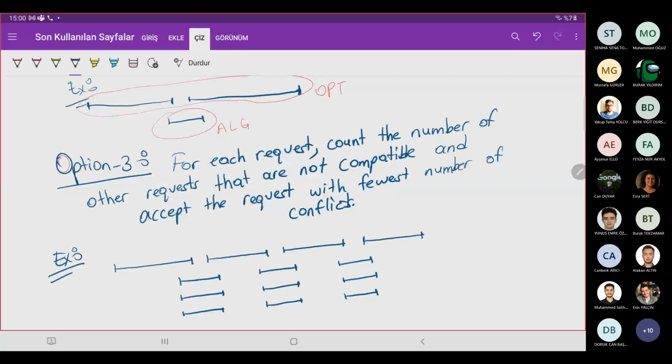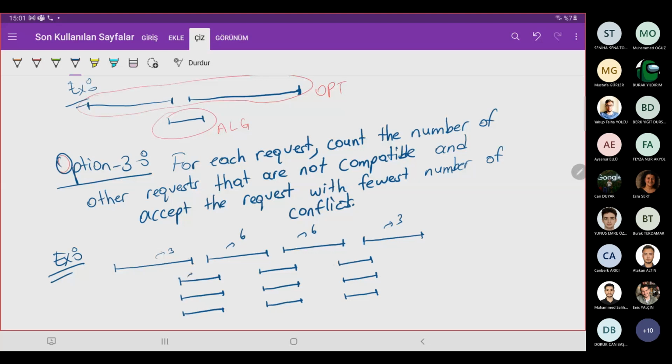Okay, so if I select the requests that have the fewest number of conflicts, for instance, this one has 1, 2, 3 conflicts, right? This one, 3 conflicts. This one has 1, 2, 3, 4, 5, 6 conflicts. This one also has 6 conflicts. This one has 3 conflicts. This one has 4 conflicts. 1, 2, 3, 4.